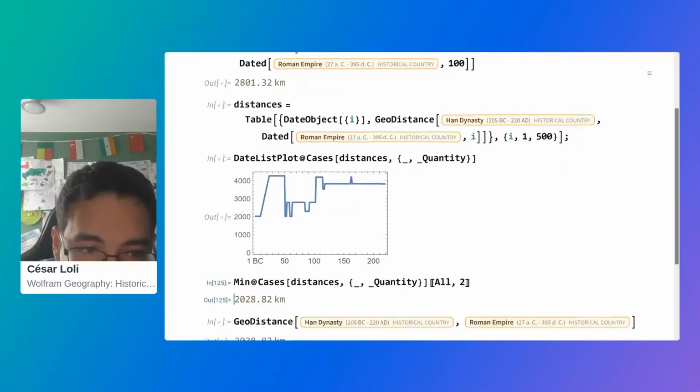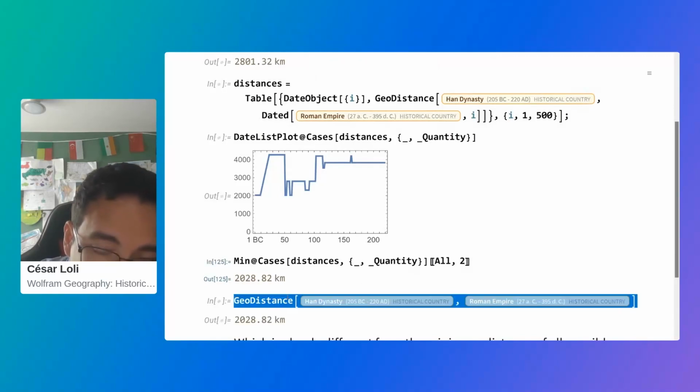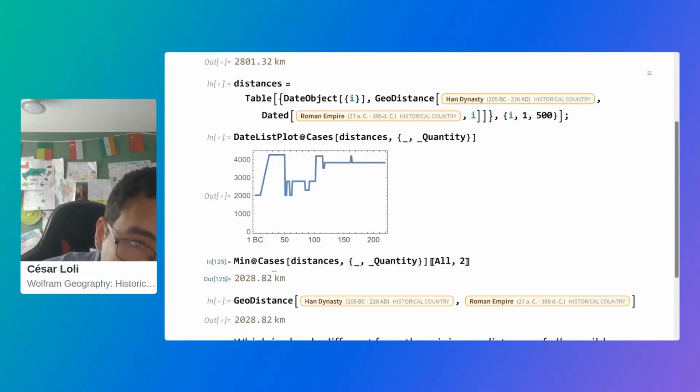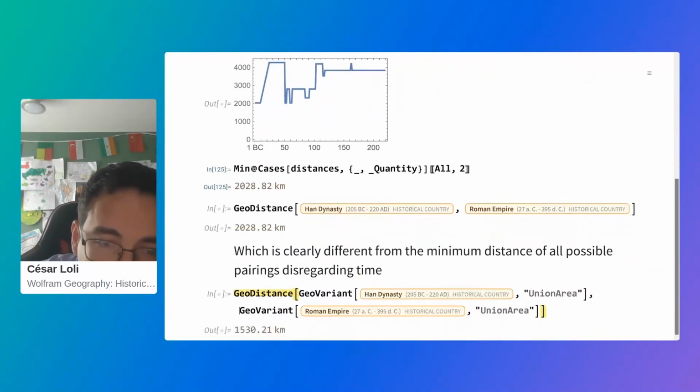We can here then see how the distance that is calculated when the entities are given without any wrappers is the minimum distance that they have at one time, being the distance between these two nations at the same time, which is completely different from something like this.